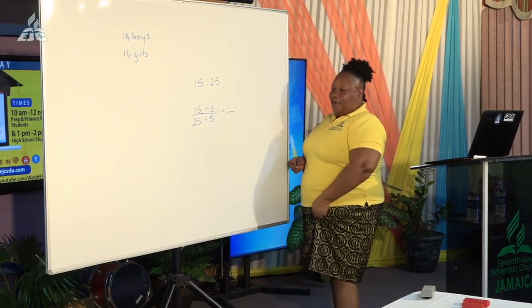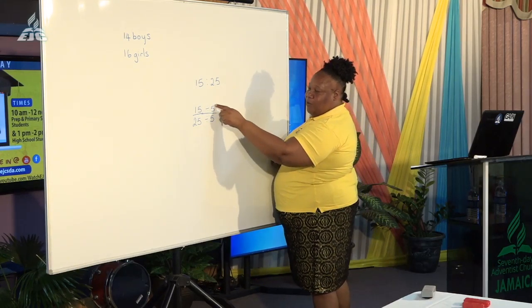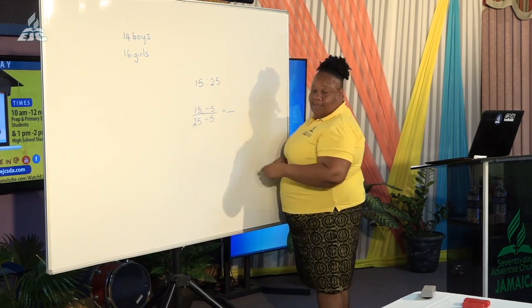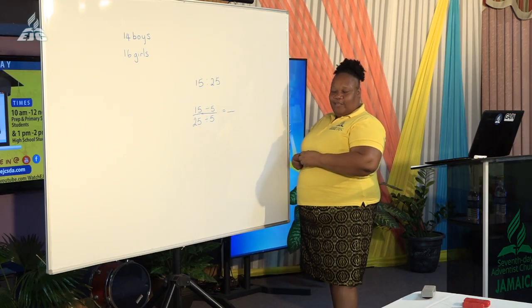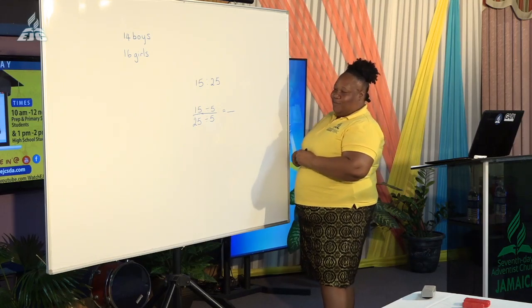And we don't want to have a remainder because we want to find a number that is common to both the 15 and the 25. So very good. I can see that you are following with me.